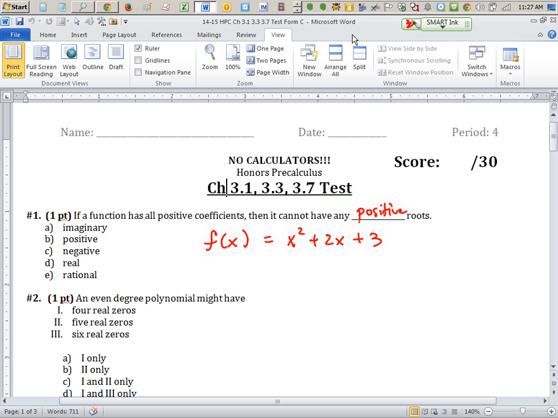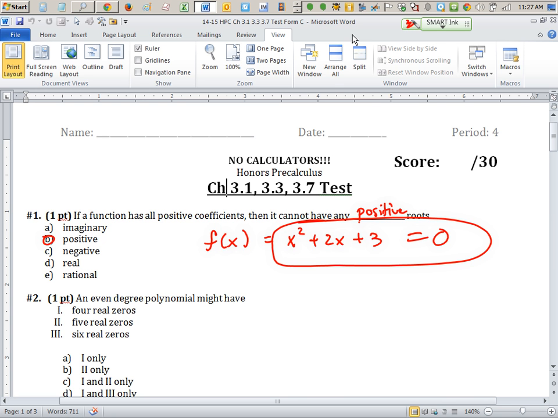But I cannot possibly imagine that working with a positive number here. It's impossible. Do you guys understand that? It's impossible to plug in a positive number and have this come out to 0. If this is 0, it is definitely true that x is some negative number, see? So it cannot have a positive root.